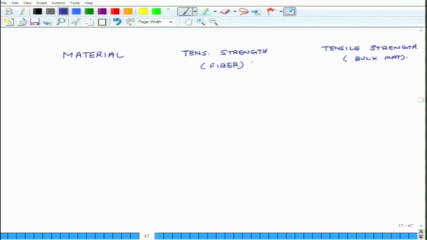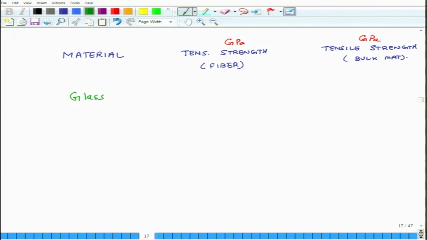Okay. And both these tensile strengths, what are the units? The units would be, let us say, gigapascals. So, GPa. Let us look at several materials. A very common material is glass, whose fibers are very easily available in the market.